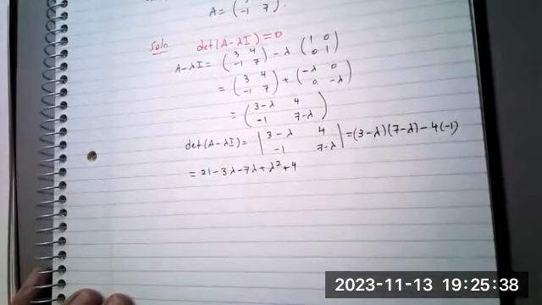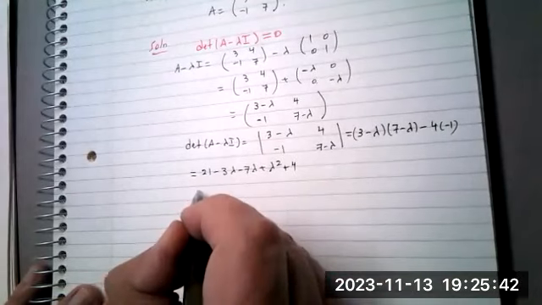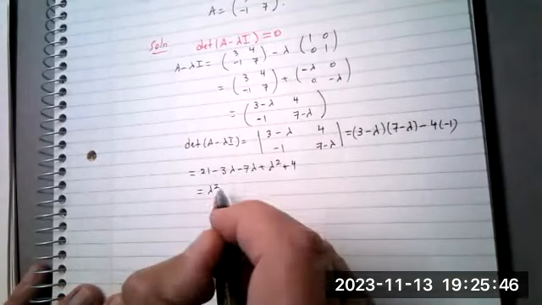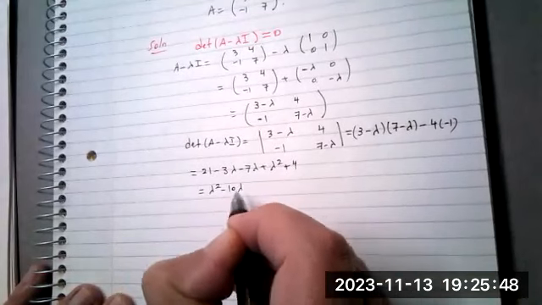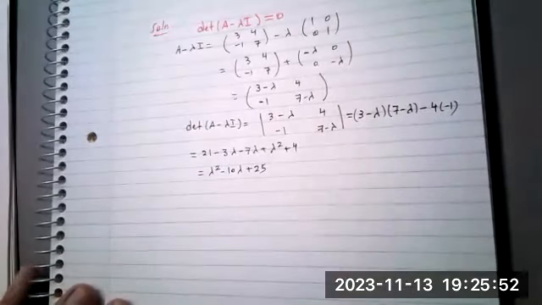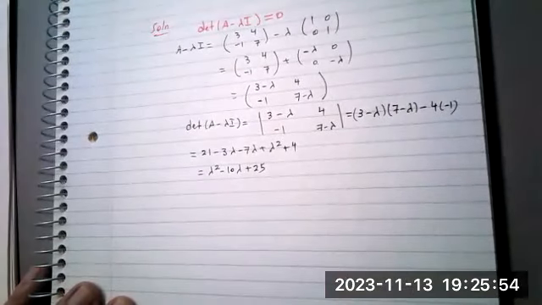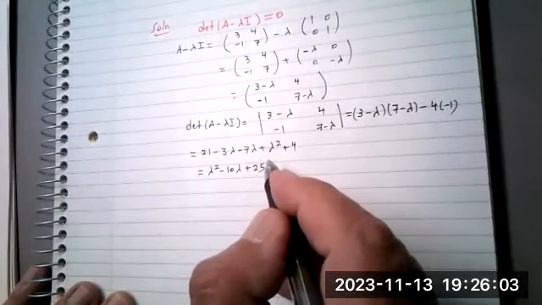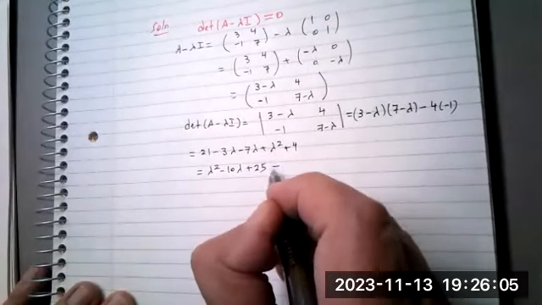Simplify it and write it in the form of a quadratic equation: lambda squared, -3, -7, that gives you -10 lambda, plus 25. That is the determinant of A minus lambda I. You let it equal 0. So you have to solve this equation.